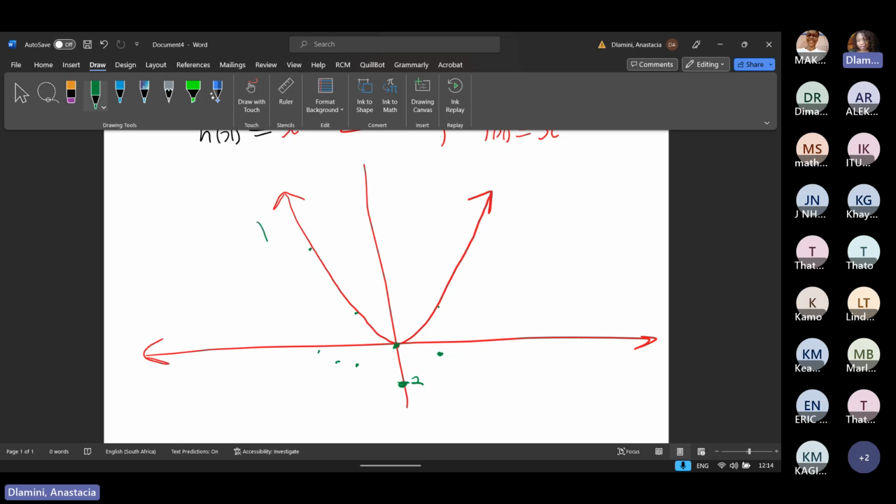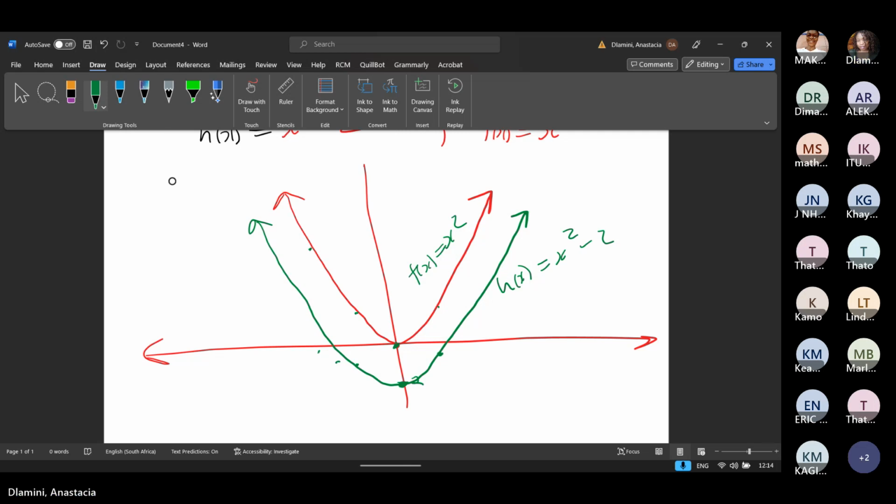So it will basically look like this. It's the original graph, but we just drag it 2 units downwards. So this is the mother function, f of x is equal to x squared, and this is h of x is equal to x squared minus 2. Are we all sorted? Yes, ma'am. Loud and clear. Thank you. So that's the transformation.